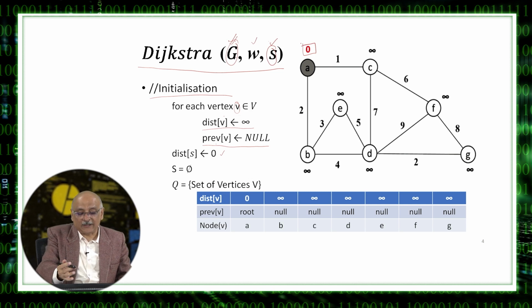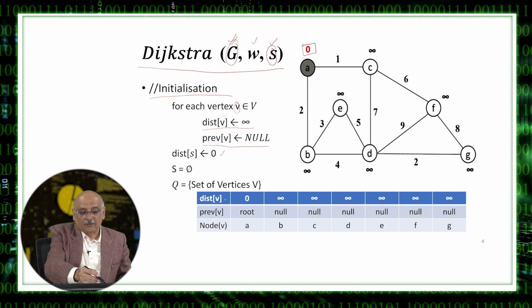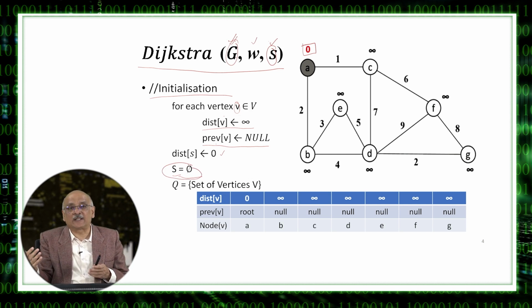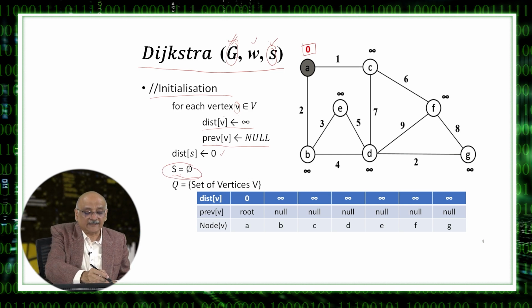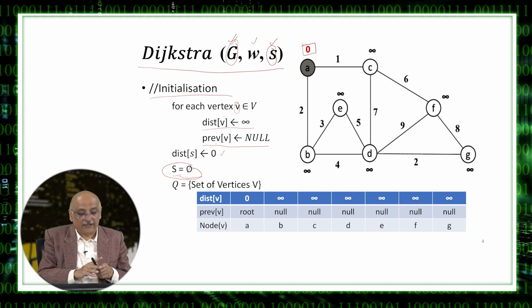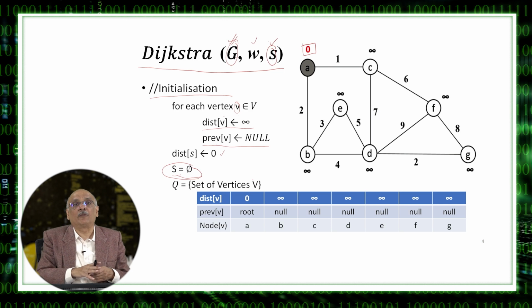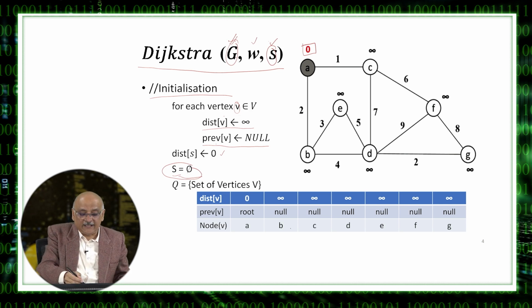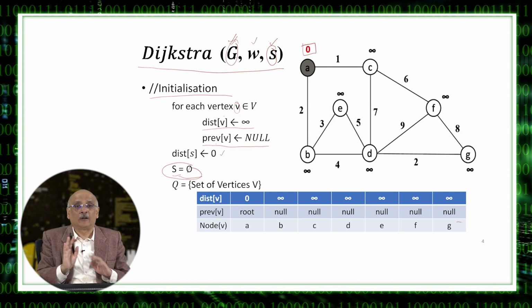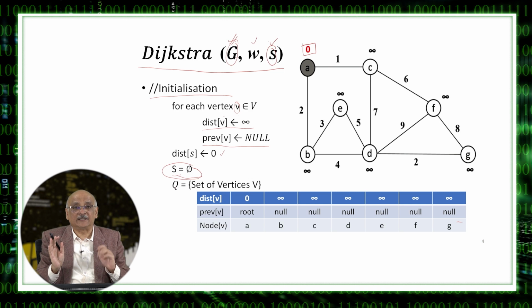So how is this entire thing going to look? All these steps, and the set of selected vertices which have been selected as far as shortest path is concerned, right now it is null. And then Q is basically assigned the set of vertices V. So all the vertices A, B, C, D, E, F and G become part of Q. This is my starting condition.